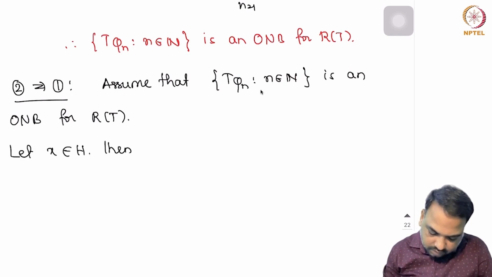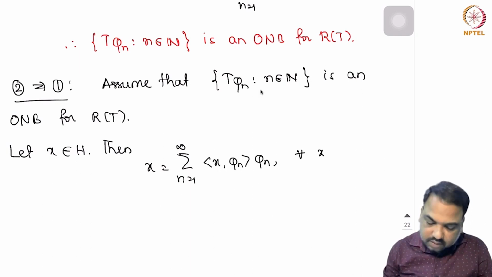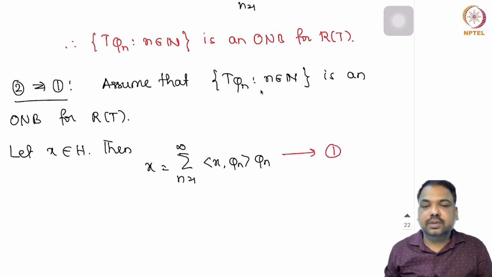Then we have x is summation n equal to 1 to infinity of the inner product of x with phi n multiplied by phi n. Let us say this is equation 1.